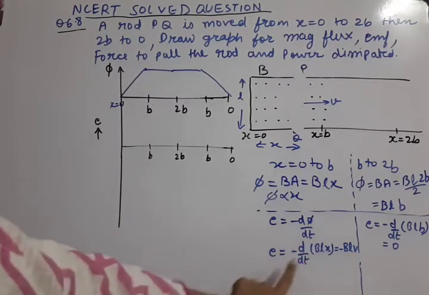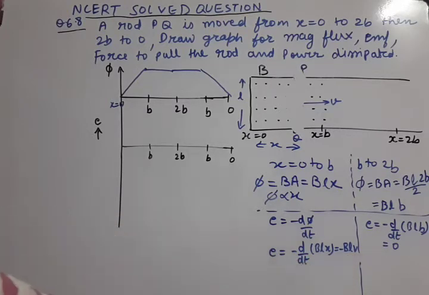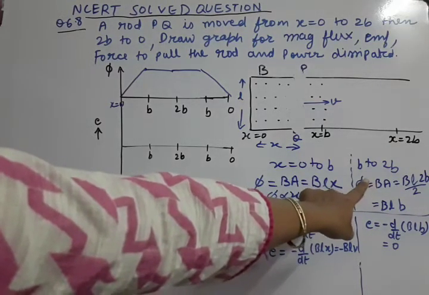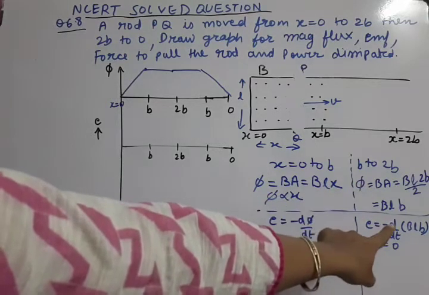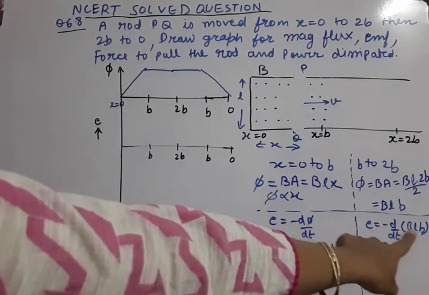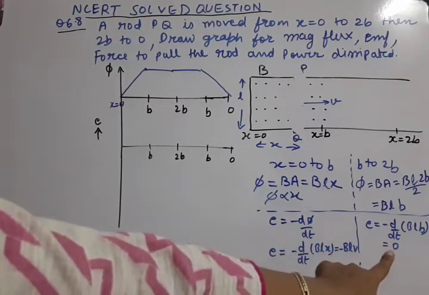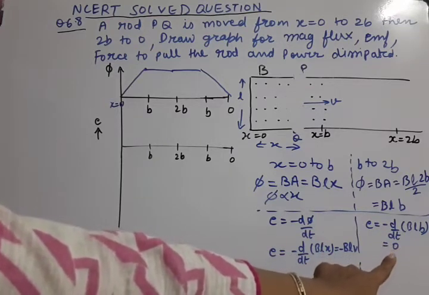So we get E equal to minus BLv for this case. And for B to 2B movement, since the flux BLB is constant and the differentiation of a constant is 0, the induced EMF will be 0 for this case.